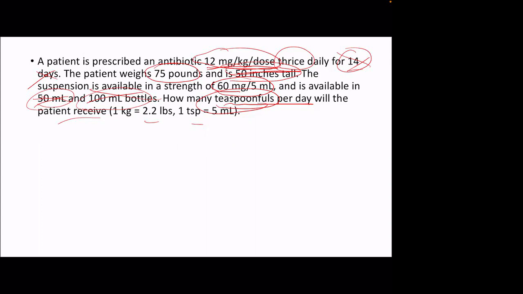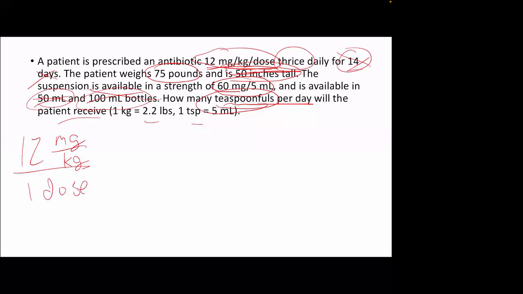My first thing, just like last time, where we figured out the total amount needed in that 30-day problem, I'm going to say, how much do we need per day? So I'm going to look at 12 milligrams per kilogram per dose thrice daily. And so really, this is going to look very weird. We've got 12 milligrams per kilogram each dose, and it's for 3 doses.